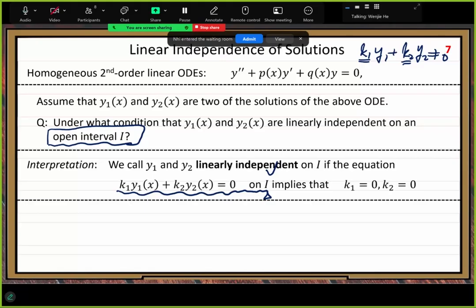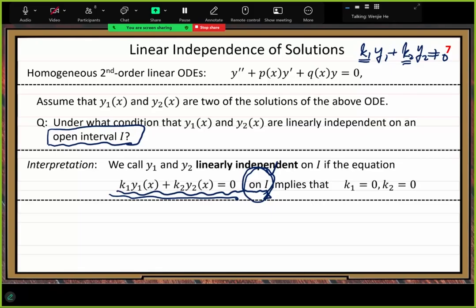If you assume you have this equality, and it holds on the whole interval I, then you cannot find non-zero k1, k2. In other words, this equality forces k1, k2 to be 0. That's the meaning of linear independence.